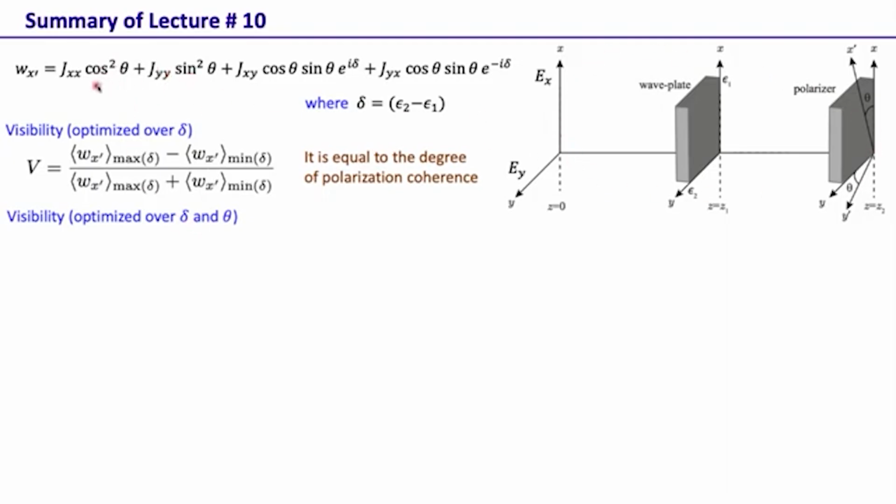But suppose we change this theta as well as this delta, then we saw that the visibility will have this kind of definition. Of course it's still of the form max minus min over max plus min, but this max is optimized over delta and theta, and so is the minimum. And then we calculated this quantity.